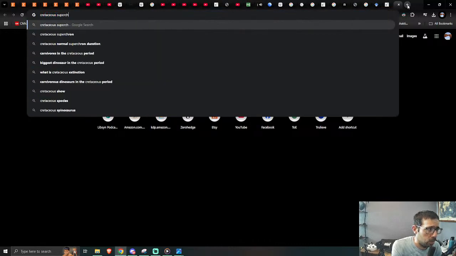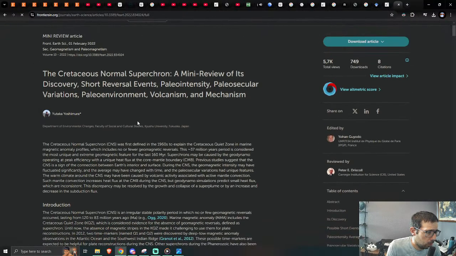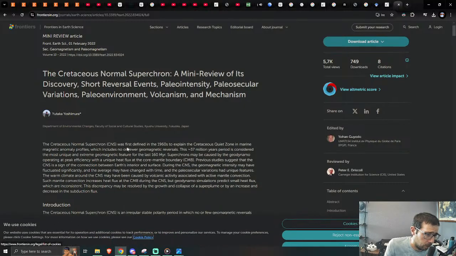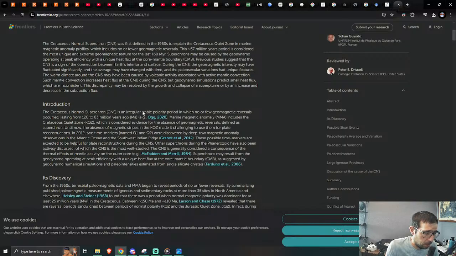Cretaceous supercron. Trying to find if anything overlaps this period more. These are all basically overlapping Ontong Java, but not Hess and Shatsky Rise.